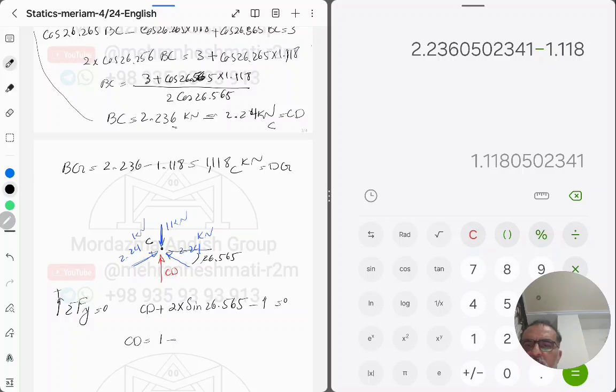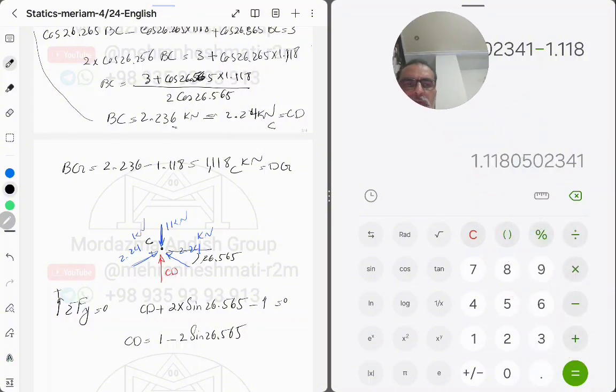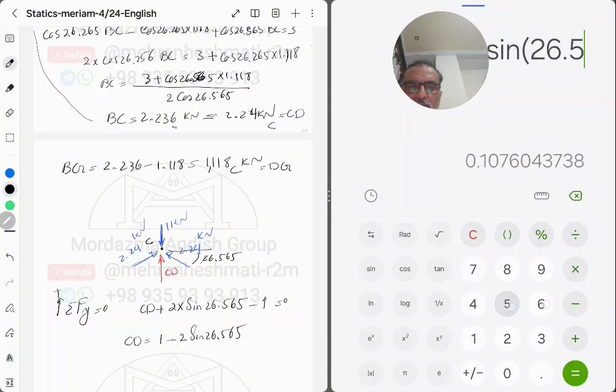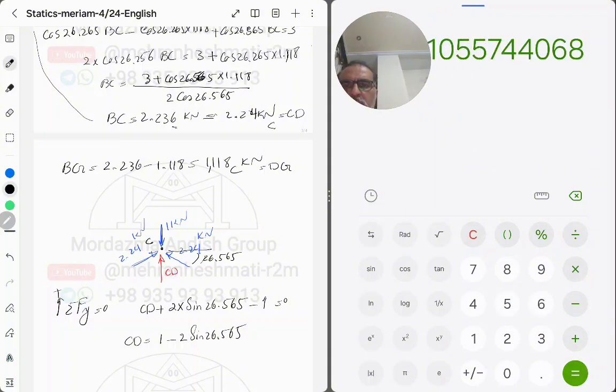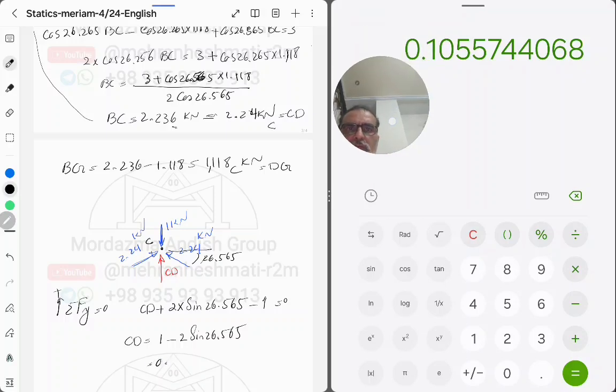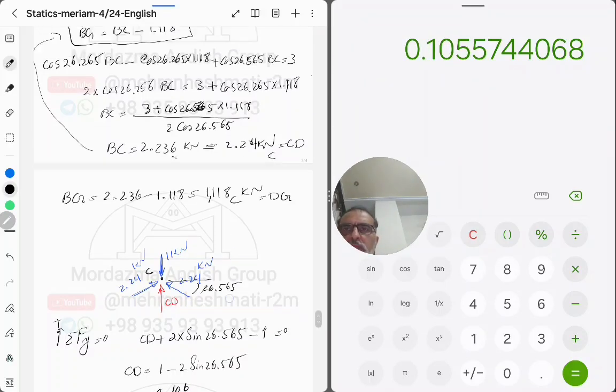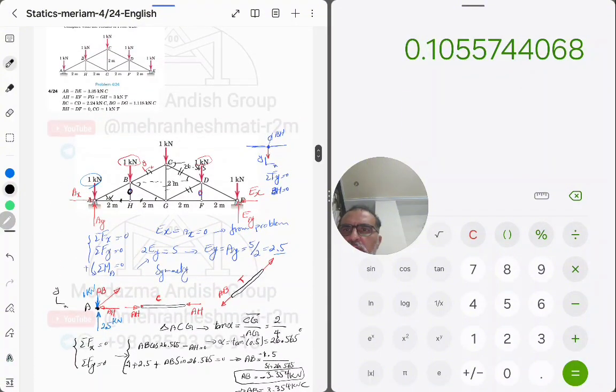CD is equal to 1 kilonewton. CG is 1 kilonewton.